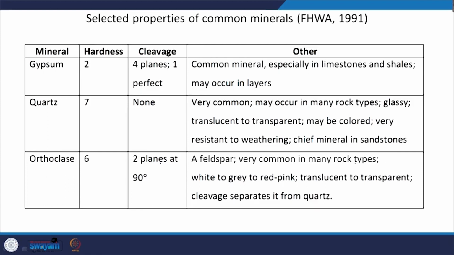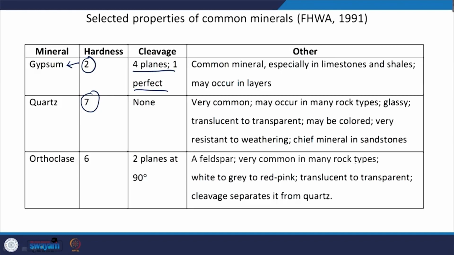Coming to the next one, we have gypsum here, hardness of 2, and see here 4 planes, out of which one is the perfect plane, and it is a common mineral, especially in case of limestones and shales, and it may occur in layers.